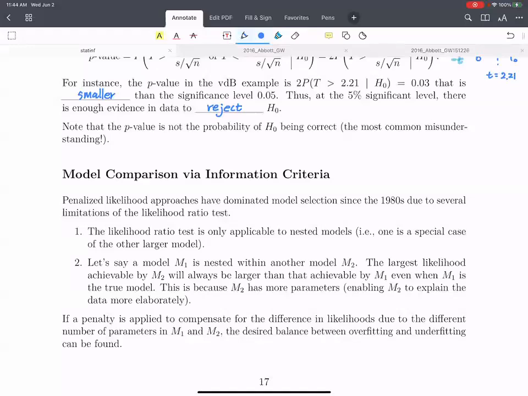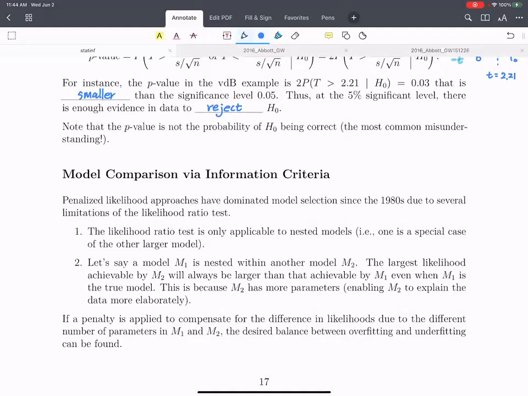And also, the problem of the likelihood ratio is that if the model gets complicated, if one model has more parameters than the other, then the likelihood is always bigger than the other likelihood, no matter how useful or useless the parameters are in the model.